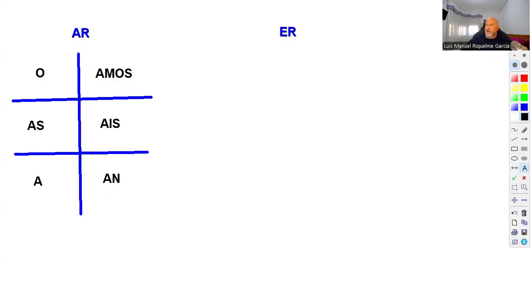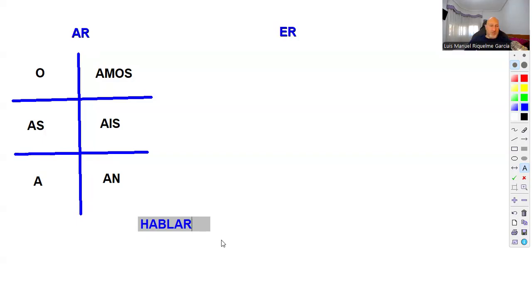So let's try to conjugate a few verbs that are AR verbs. For example, the verb hablar. The verb hablar, it's the verb to speak, to talk, and it is definitely an AR verb. So it will follow this pattern.